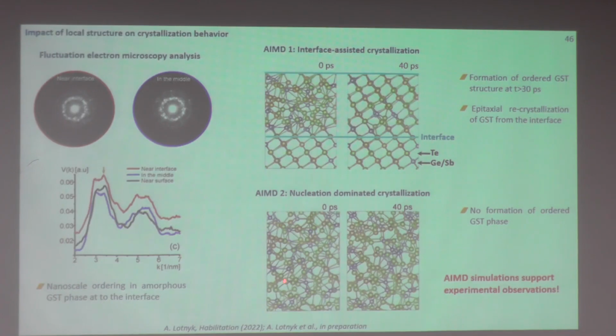But if you take the system without a crystalline interface, then after 40 picoseconds, the system still stays in the amorphous state, and this requires more time for the crystallization. So again, simulation and experiment are in good agreement, and the nice thing here is that the epitaxial interfaces can speed up the crystallization.